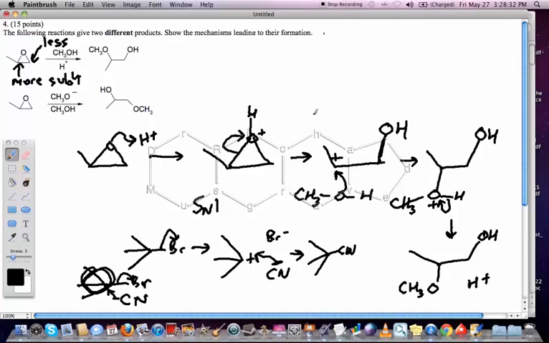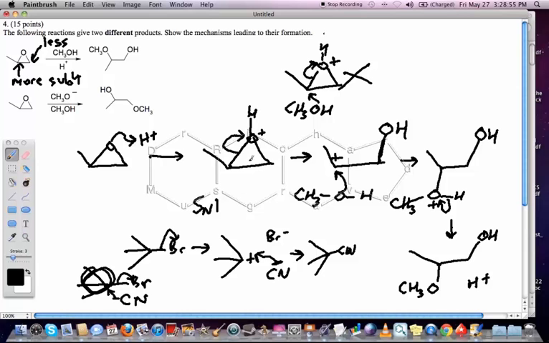So for the same reason, we don't get this situation occurring with this compound. We don't get the CH3OH coming in and kicking this out in one step. That would be an Sn2 type process, and that's just not what's going to occur.